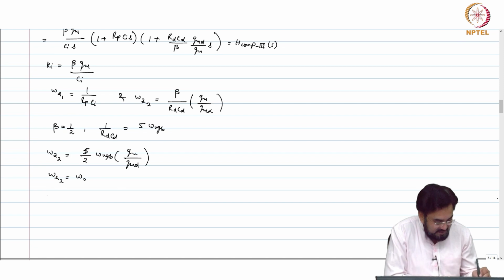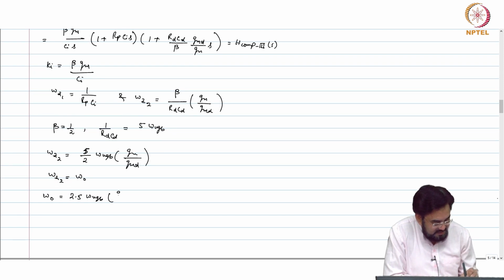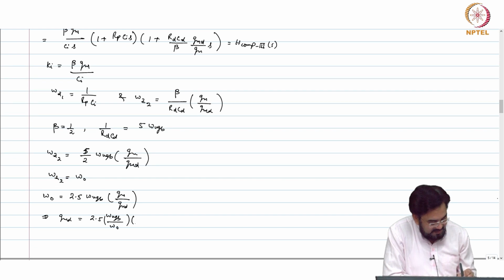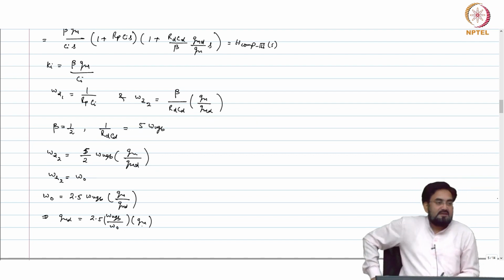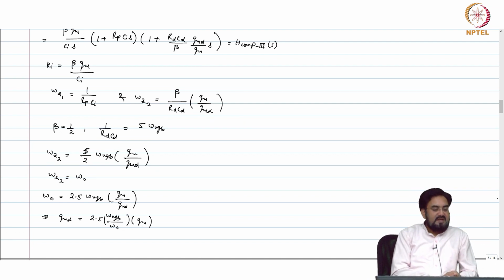Then from here I can calculate omega naught equal to 2.5 omega UGB Gm by GMD. This implies GMD equal to 2.5 times omega UGB over omega naught multiplied by Gm. Okay. So once you choose the Gm, this GMD is going to be high because omega UGB is, we know, at higher frequency than omega naught.